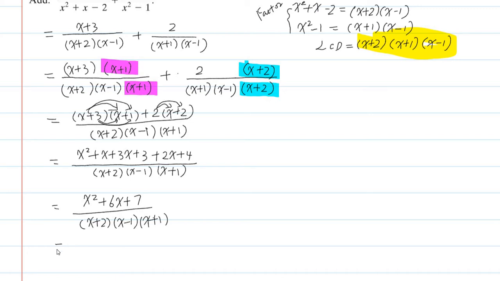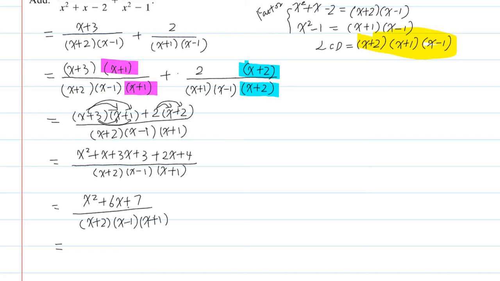So you find the common denominator, and then you add all the numerators together. Then you collect the like terms. Once you collect like terms, you need to check the numerator. Can you factor further? In this case, can we factor more?